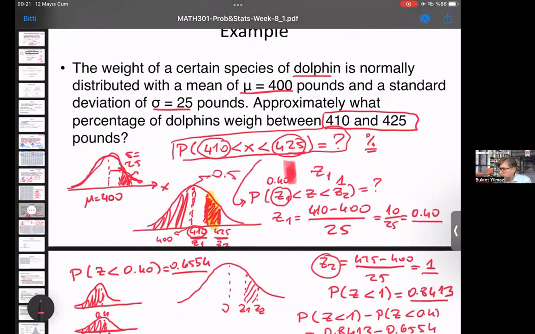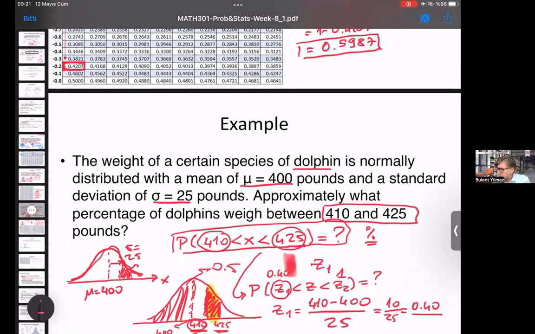Let me once again tell you, if probability of Z less than 0.4 is given as, let's say, 0.65. What does it mean? It's going to be like this, okay? This is 0.4, and the area under the curve less than 0.4 is 65, okay? So this is half, 0 mean, and more than half, it should be 0.65.